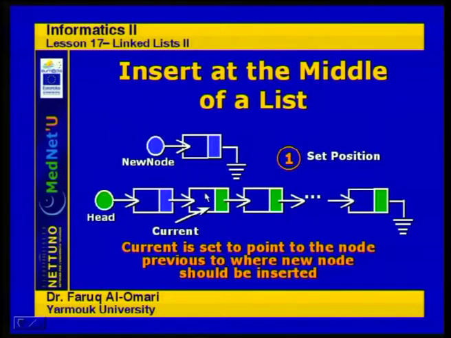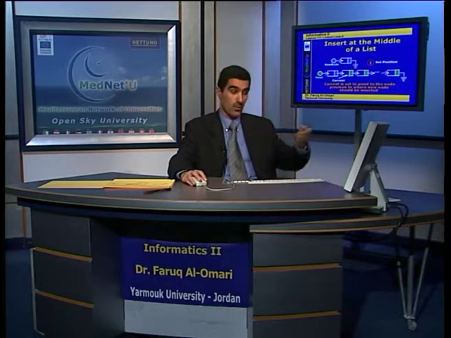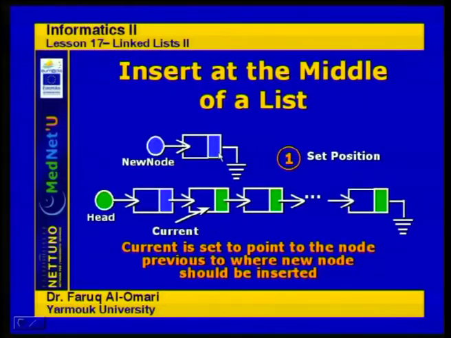It should point to this node, which is going to be just before this new node in the new list. All right? So that's step number 2. Step number 0, according to the convention in here, is to create the node. Step number 1, set position.